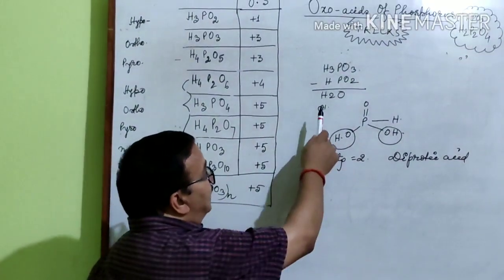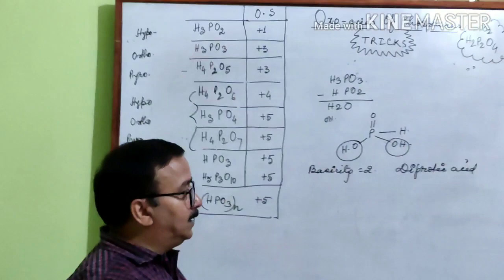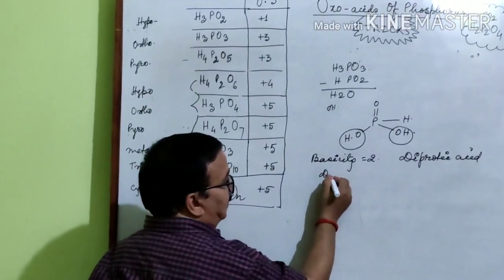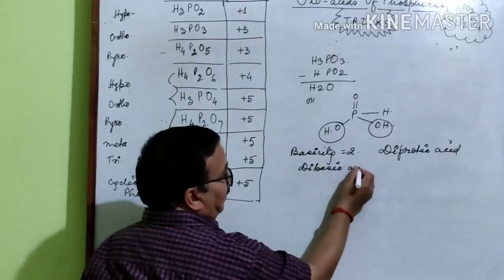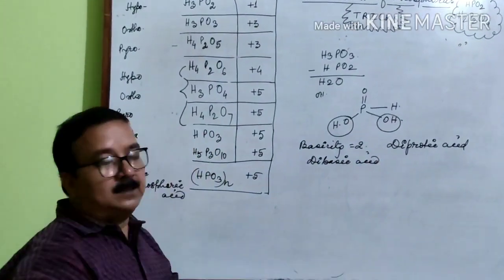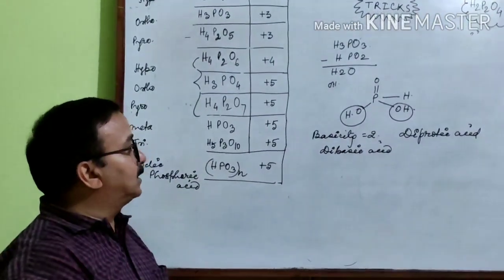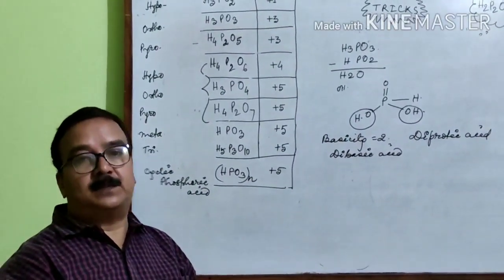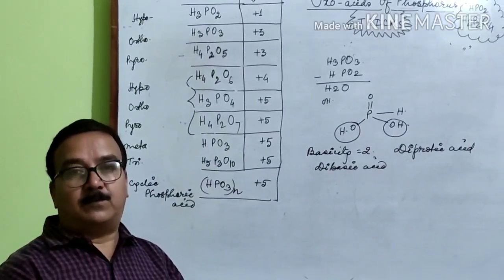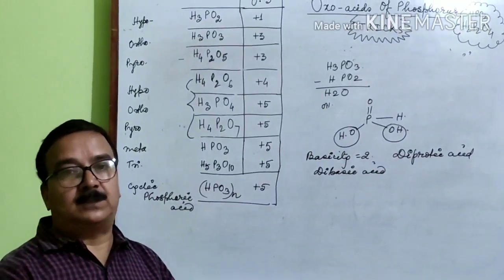So H3PO3 is a dibasic acid. We can say that it is a diprotic acid, and at the same time, since 1 hydrogen atom is directly attached to P, it also shows reducing nature.